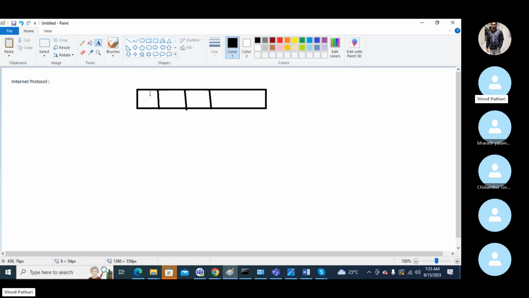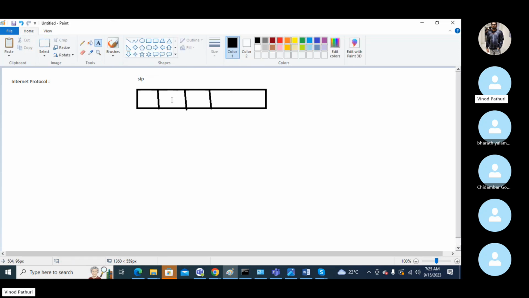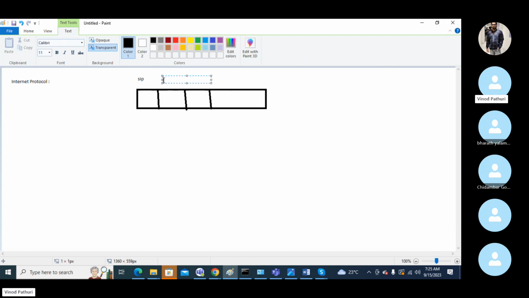Whenever you want to send some data, if I want to initiate a connection to you, my IP will be the source IP, right? And I want to deliver it to you, so your IP is the destination IP. The source port we will never define, but basically it will carry that information also.